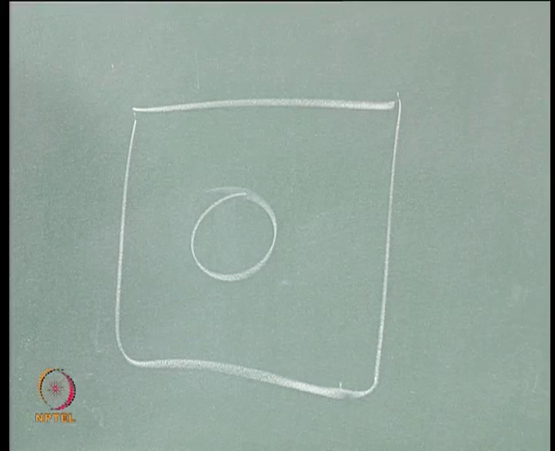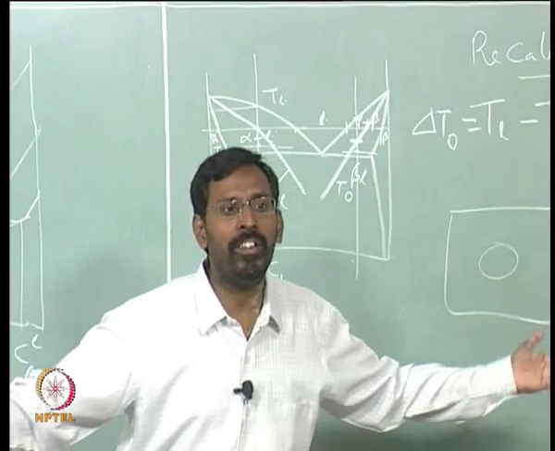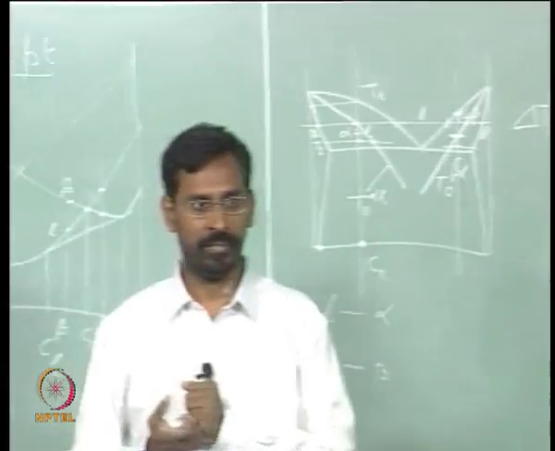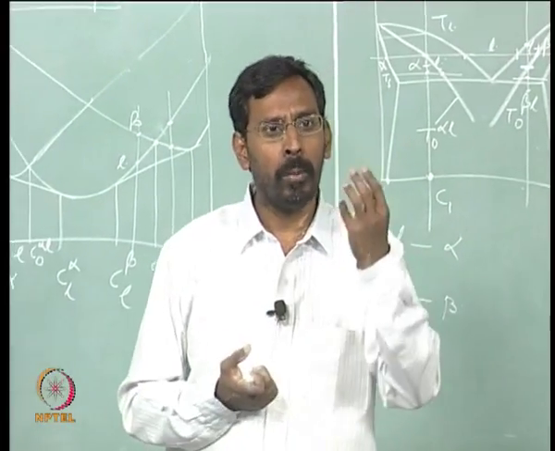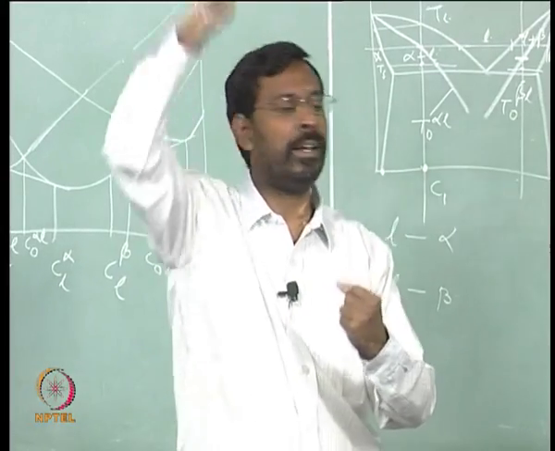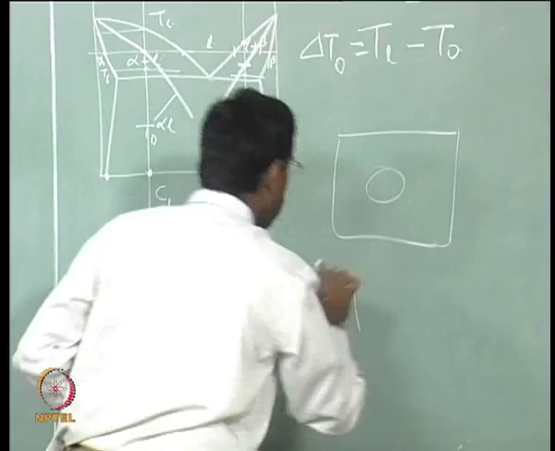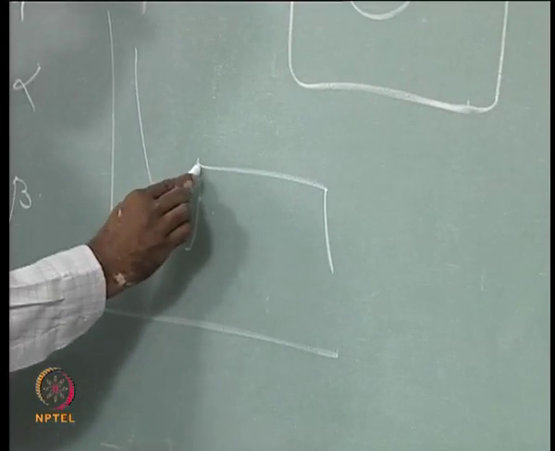So, the balance enthalpy is released. Where is it released? It is released into the liquid which is surrounding it, is it not? That is why the moment you see a solid forming, there is an increase in the temperature. That is what, if you remember, the moment nucleation occurs, you have a recalescence.